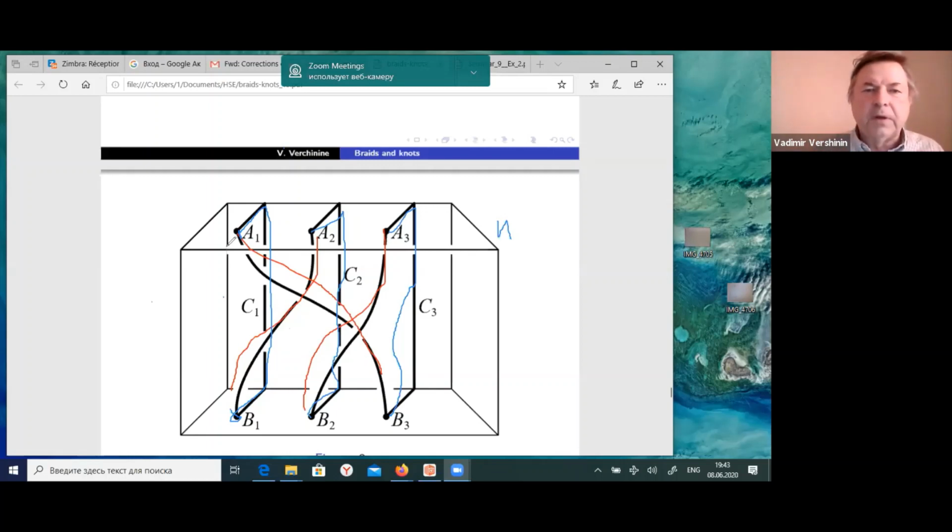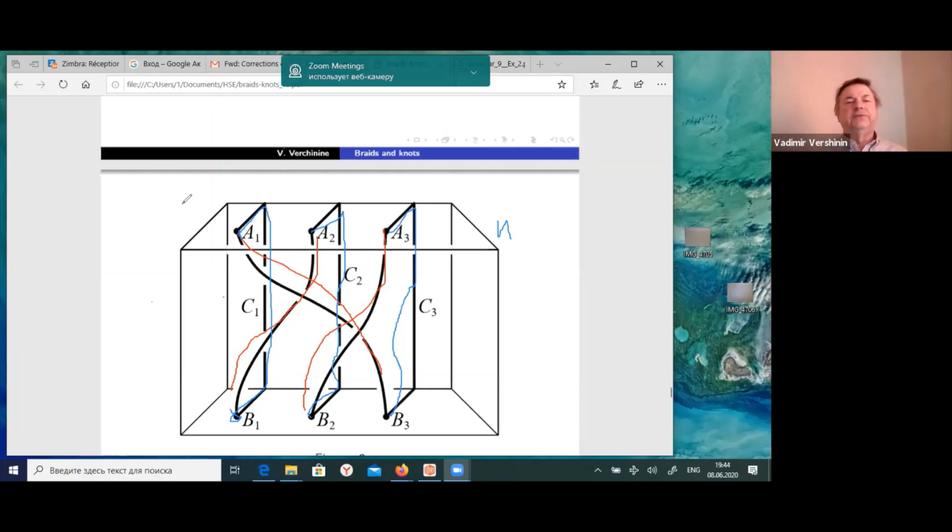Very good. But if you have an epimorphism, then you can ask for the kernel in a general sense. Of course, it is not groups, not linear, but just to say which two braids are mapped to the same knot.